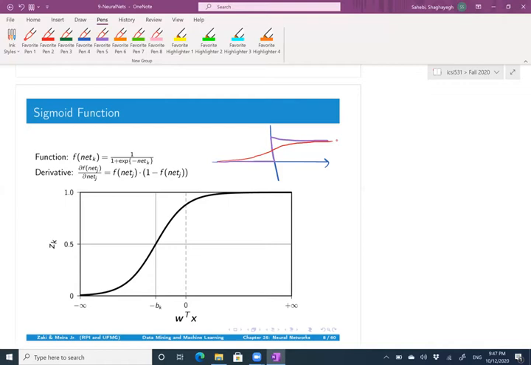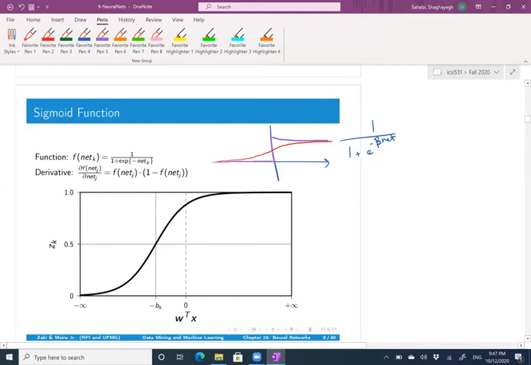If we want, we can actually get close to the step function by adding a beta coefficient. So instead of 1 over 1 plus e to the negative net, we can have a multiplier before net, and say it's equal to 1 over 1 plus e to the minus b net, right?